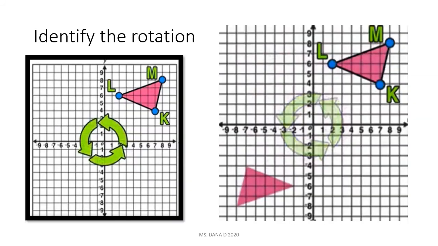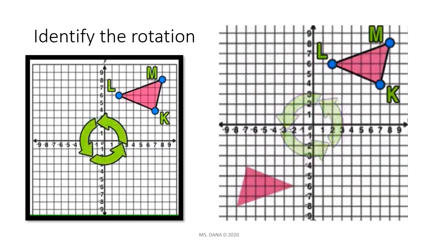Let's go for the next example. I need to identify this rotation. The same thing I will do. I have K; here it's not mentioned properly, so I'm going to mention it. This is my K prime. Okay, this is my M prime, and this is my L. So I need to identify the rotation. It means I need to say whether it's counterclockwise or clockwise.